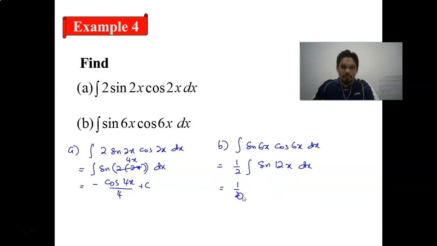Okay, it is 1 over 2, and then integral of sine equal to negative cos 12x divided by derivative of 12x, yes, 12, plus c, where it is negative 1 over 24 cos 12x plus c.